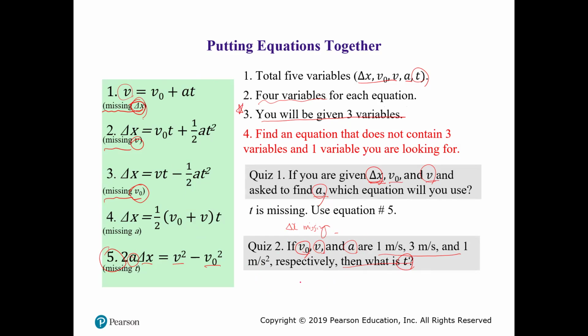What is the v? They said v is 3, and then v0 is 1, plus a, I think they said 1, right? And then t, you don't know, right? So then you see t is going to be 2, right?